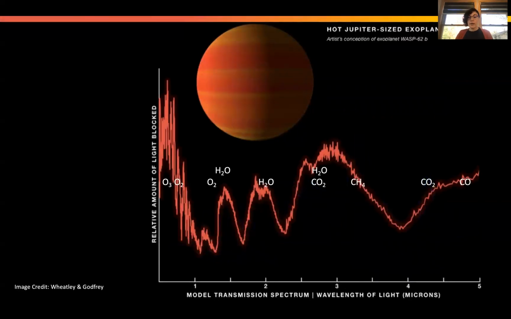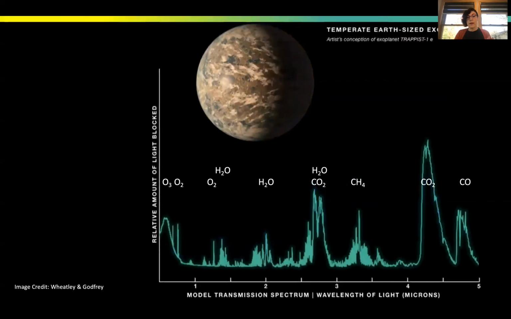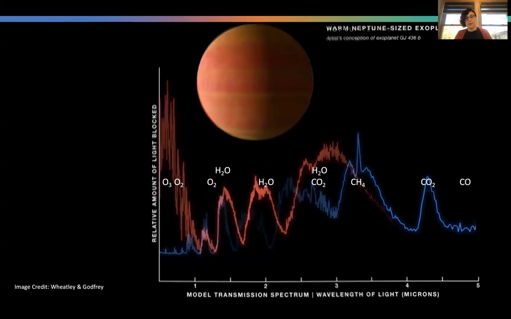As you can see, the shape of the lines changes, and also some of the elements are present in the atmosphere of one planet, but they are not present in the atmosphere of another. So by looking at the different properties of different planetary atmospheres, we can gather information on their temperature, on their chemical composition, and on their surface gravities.